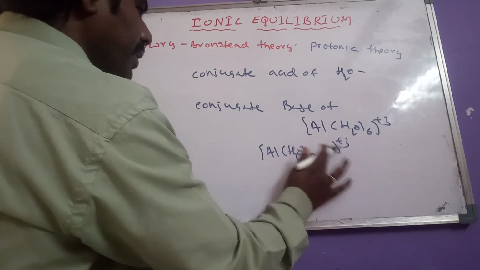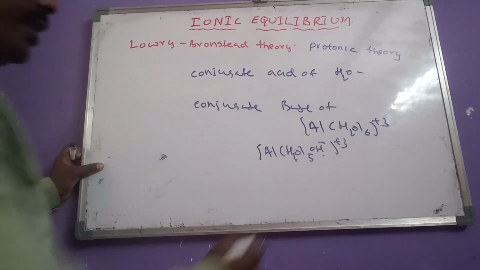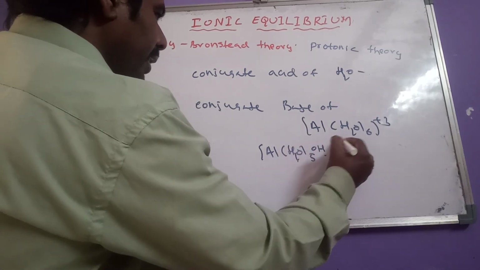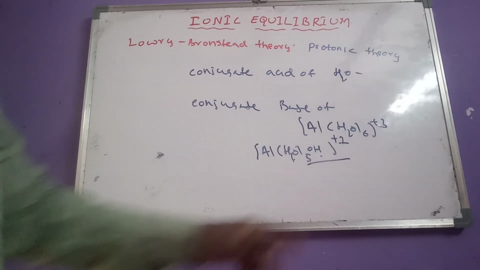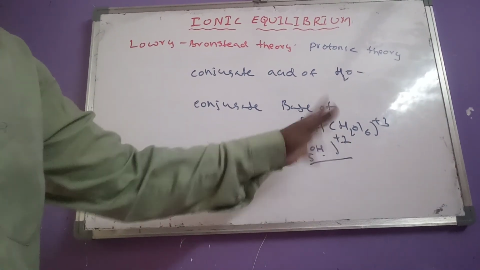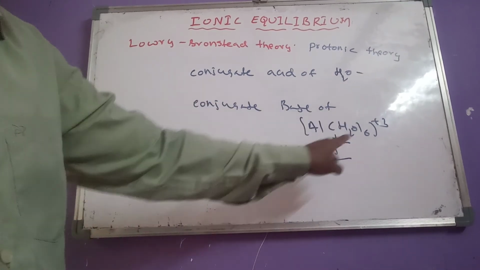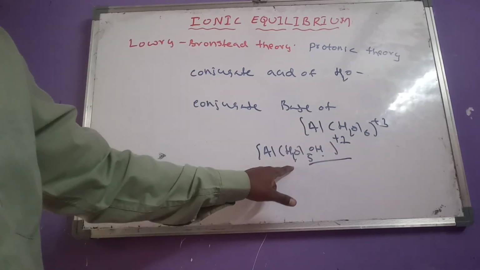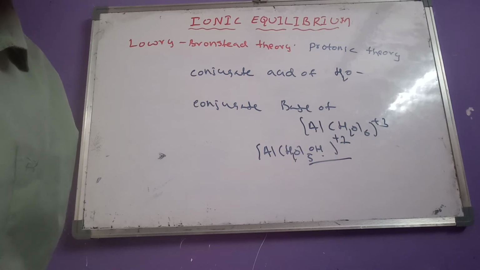If one H plus ion has been removed means here OH minus is there. And this minus now combines with plus 3. Now net charge is plus 2. This we have to identify. Because sometimes we can ignore the change in charge, but we have to change the charge from plus 3 to plus 2. So this is the conjugate base of which one? [Al(H2O)6]3+.